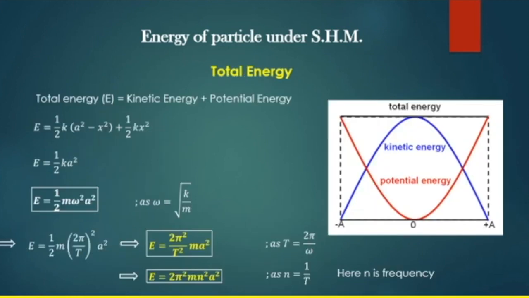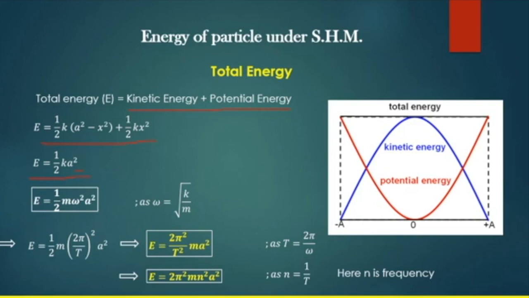Coming to the total energy, the total energy is the sum of the kinetic energy and potential energy. So adding the two values, we will get the total energy. As you can see, the total energy is not a function of x. So it means that the total energy does not change with the position of the particle.